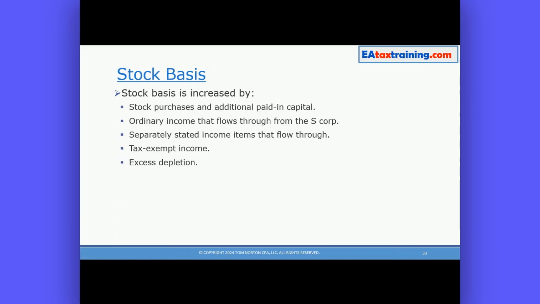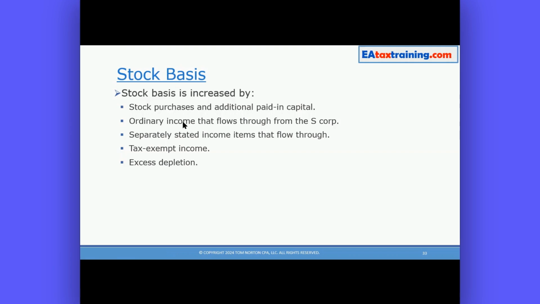So when we are looking at stock basis, we want to know what increases stock basis and what decreases it. So what increases stock basis are the following things: any stock purchases or additional paid-in capital. So if the shareholder puts money into the corporation, then they are getting basis in their stock. I think that makes sense. Ordinary income that flows through from the S Corp. So the S Corp makes money, the stock basis increases.